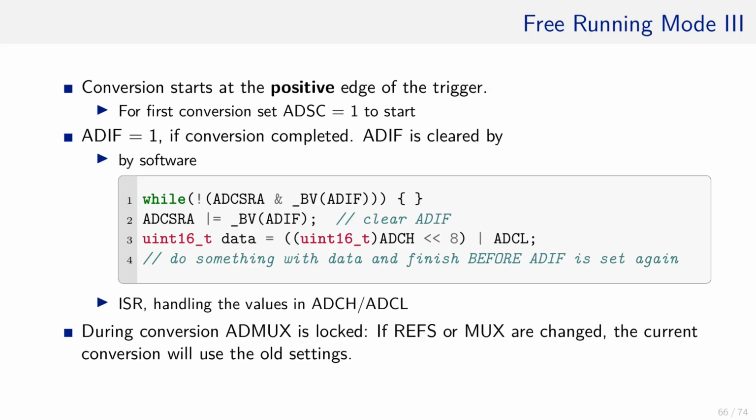We have to consider that the next time this code segment is executed, not the most recent value is in the ADC buffers, but the one of the conversion that was just executed after the last reset of ADIF.